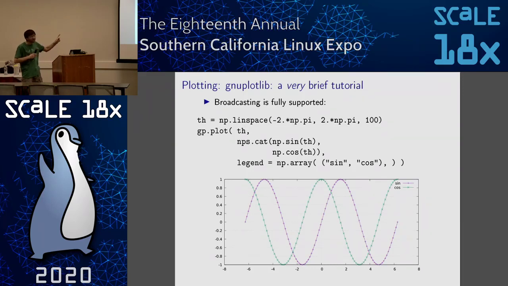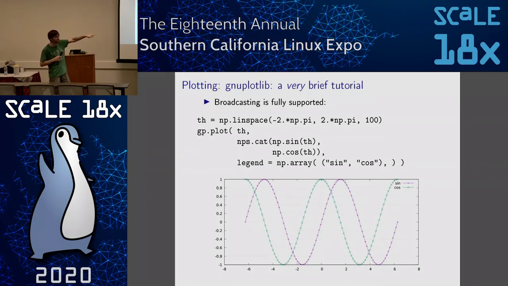Broadcasting is fully supported here, which makes things really nice. For instance, let's say I want to plot sine and cosine together versus the same domain. I can do it like that. Theta is my one-dimensional x. Here I concatenated sine and cosine together, so that is actually a 2 by 100 matrix.